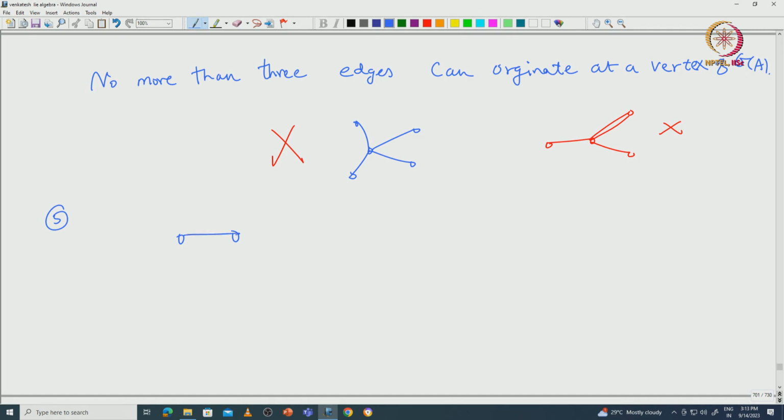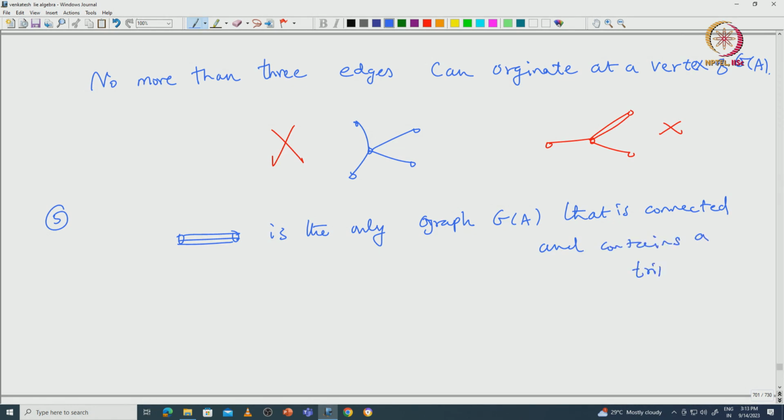This is the only graph G of A that is connected and contains a triple edge.